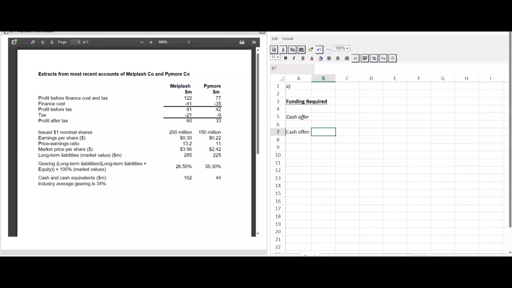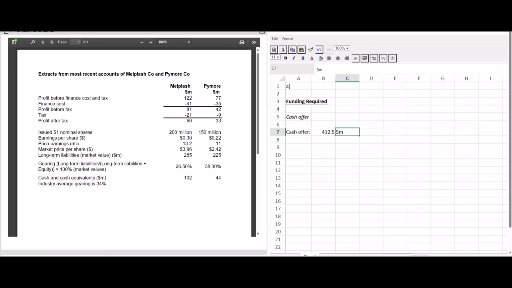And if we look in Exhibit 2, it tells us that Piemore have got 150 million shares. So all we need to do is say 150 million times the price of 275. So I'm going to do 150 times 275, and that will give us the amount we're going to offer. So 412.5 million.